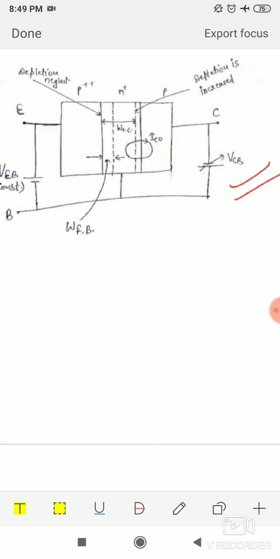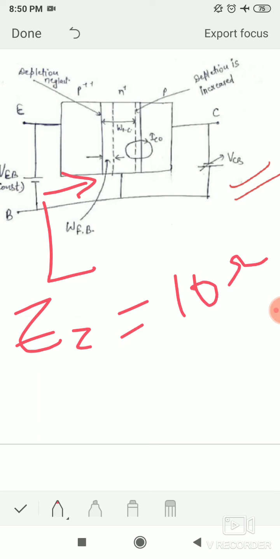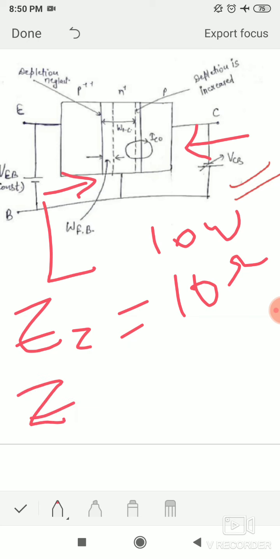The main point is that when the emitter-base junction is forward bias, the input impedance is nearly equal to 10 ohm. It is a very low input impedance. When it is reverse bias, there is no current flow in the junction, so the output impedance Z is very high.